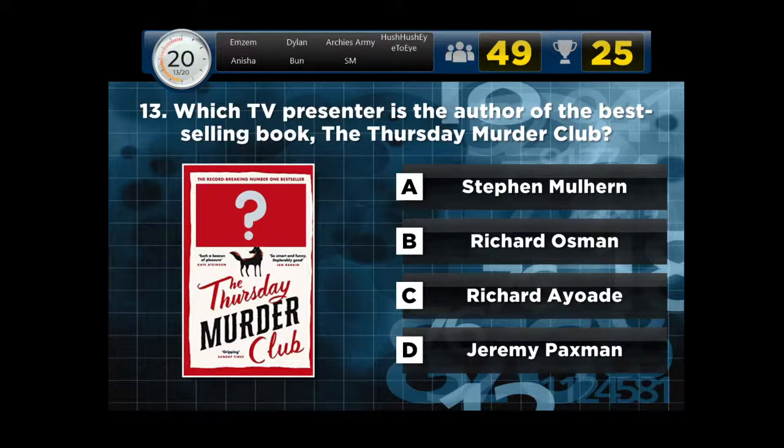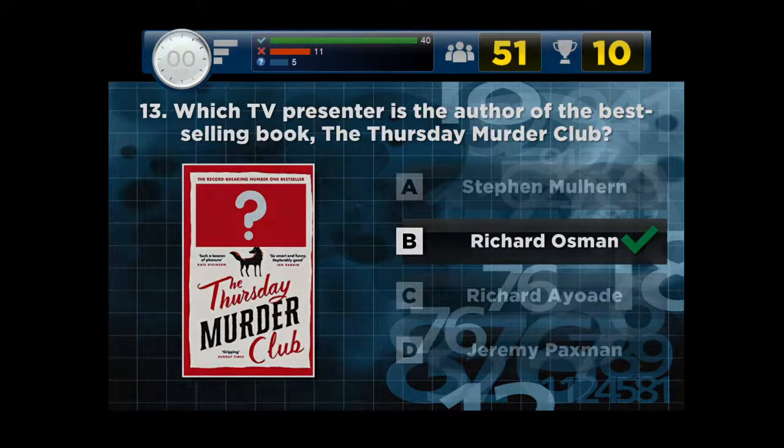Now, less than half the time now remains. And 10 seconds left. Quickly get your answer in if you've not already done so. The answer is Richard Osman.